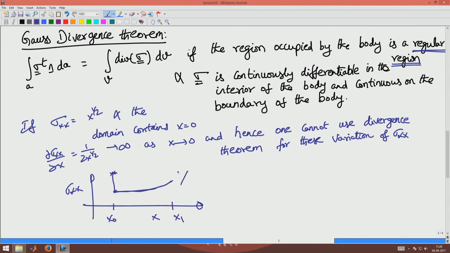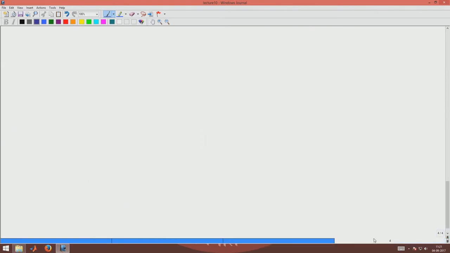So, this is not allowed for sigma xx variation, that is what continuous at the boundary means. On the other hand, you can have a variation like this, from x0 to x1. Okay. So, you have to understand that we are using the divergence theorem for simplifying the equilibrium equations, which has certain assumptions in it, and you have to adhere to those assumptions. Okay. So, next let us move on.